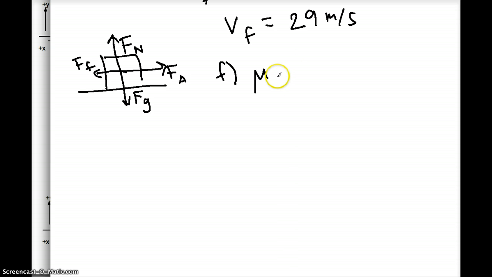That's not what we're trying to find. We're trying to find the new acceleration. So using the same steps as that previous part, I'm going to consider all the forces acting in the x direction in order to find out what that acceleration is.